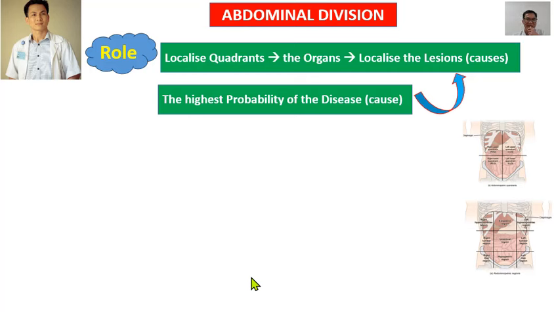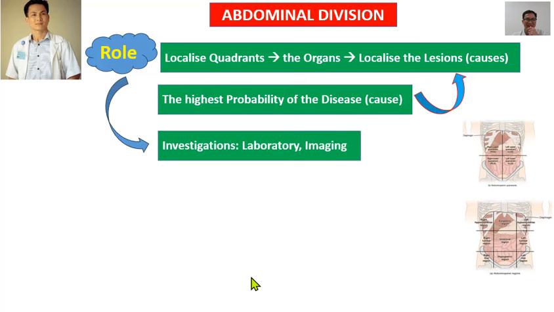So by dividing the abdomen into specific regions, we can accurately locate organs within the abdomen and identify the area of potential damage. This process helps us to orient ourselves toward the possible cause of the disease, then guiding subsequent and most valuable investigations such as abdominal X-ray or ultrasound or CT scan.